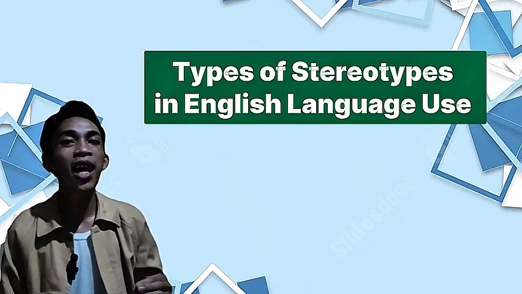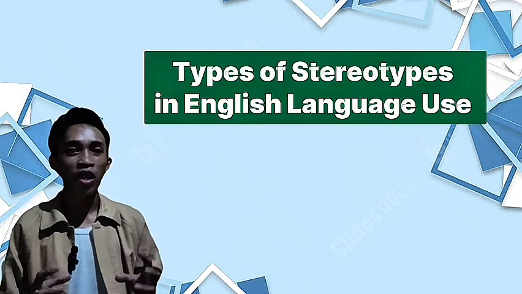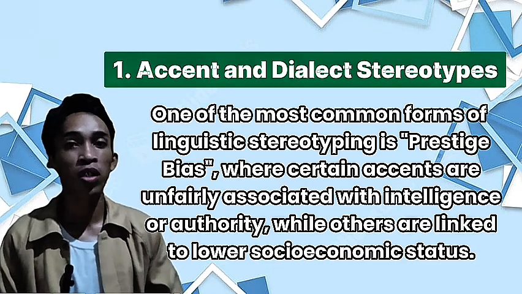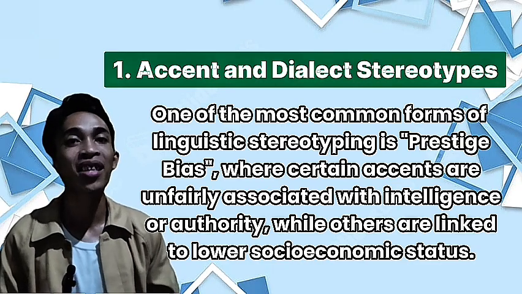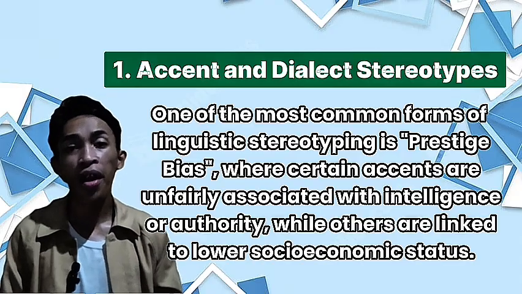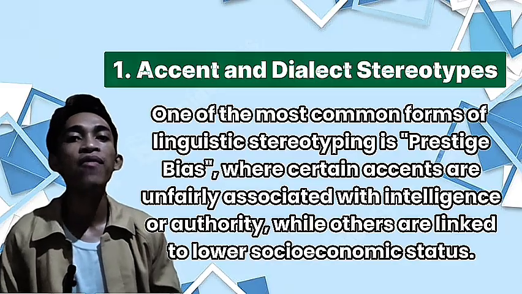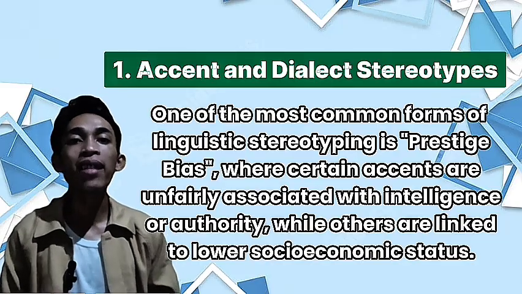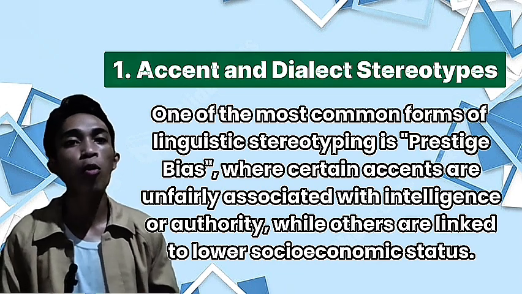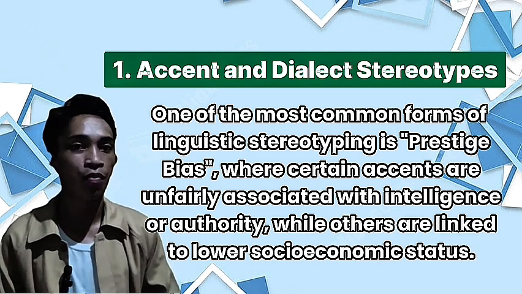And now we're ready to debunk the types of stereotypes in English language use. First on the list, we have the accent and dialect stereotypes. One of the most common forms of linguistic stereotyping is the prestige bias, where certain accents are unfairly associated with intelligence or authority, while others are linked to lower socioeconomic status.